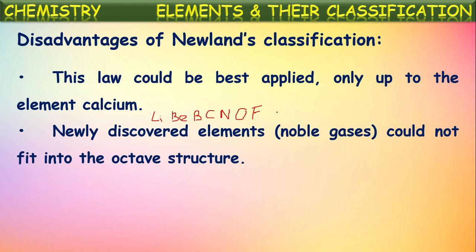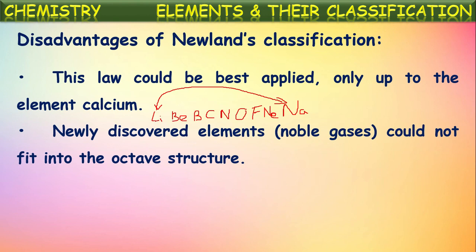So after fluorine, they knew about sodium. For lithium, the consecutive eighth element was sodium, and the properties of these two elements were observed to be similar. So he called this set of eight elements one octave. But when noble gases were discovered, one element, neon, fit in between fluorine and sodium.